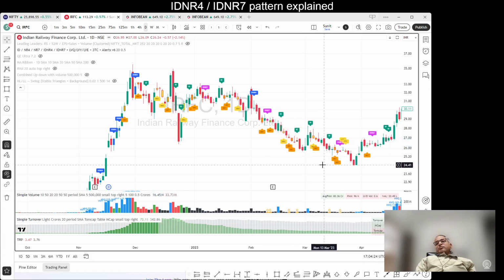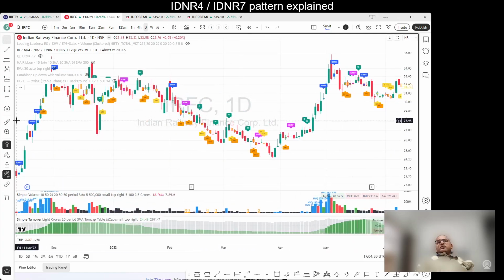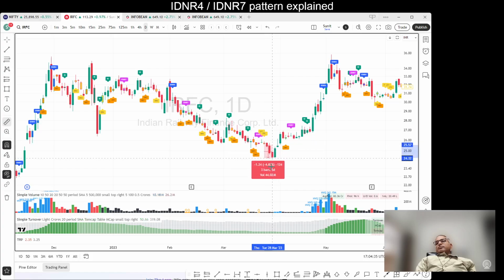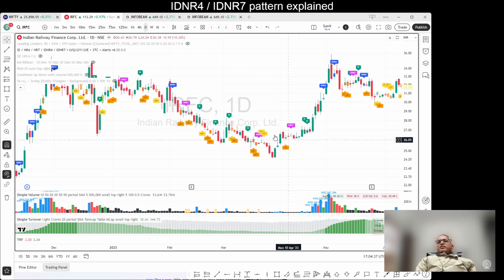For the short side, 10% is not small. You won't get a 50-60% move on the short side. 3, 4, 5% is a nice move because your SL will be here, very tight, very close. So this 5-10% will keep on ringing the cash register.